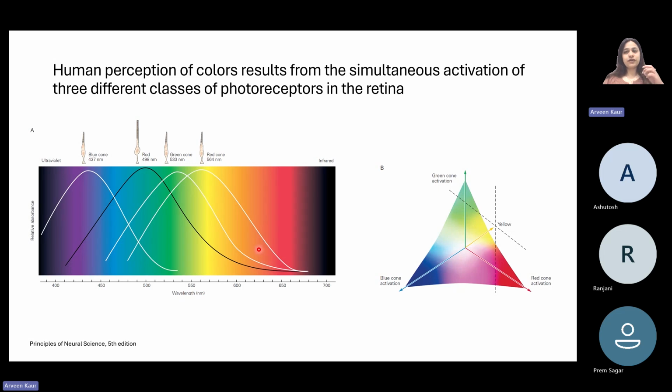Which is why most colored images, or earlier they were known as RGB images only, right? Even if you do microscopy to this day, those channels are known as RGB only. So you can see a plethora of colors, but the primary colors that are visible to us should be red, green, and blue.